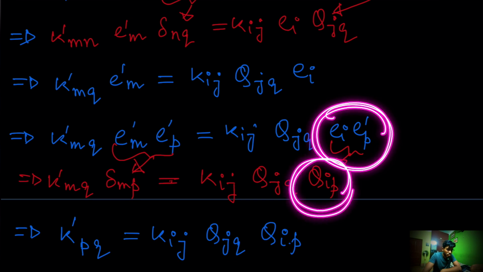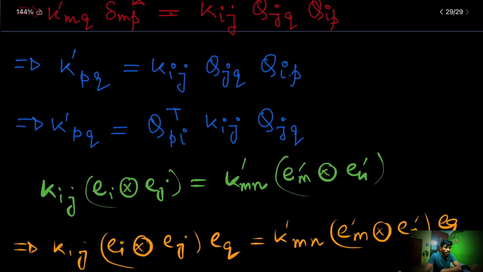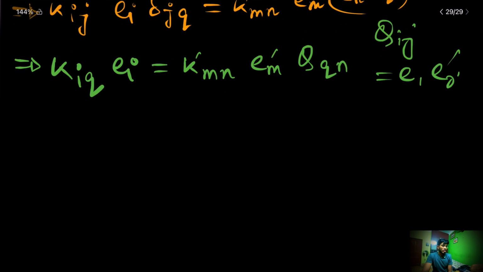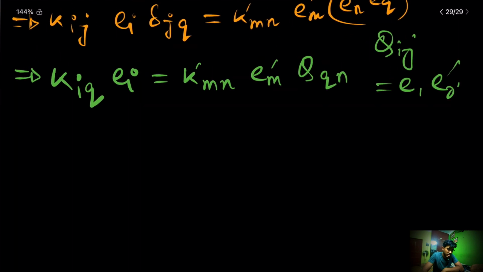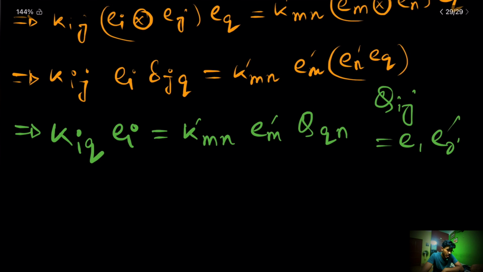This notation is not so important, because you can change it according to your choice of asserting this Ei into Ep dash. So according to that, I will write Ei into Ej dash is correct.